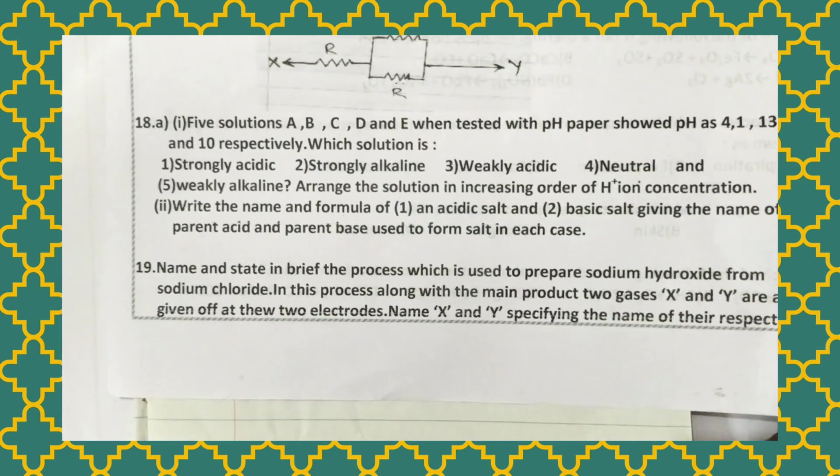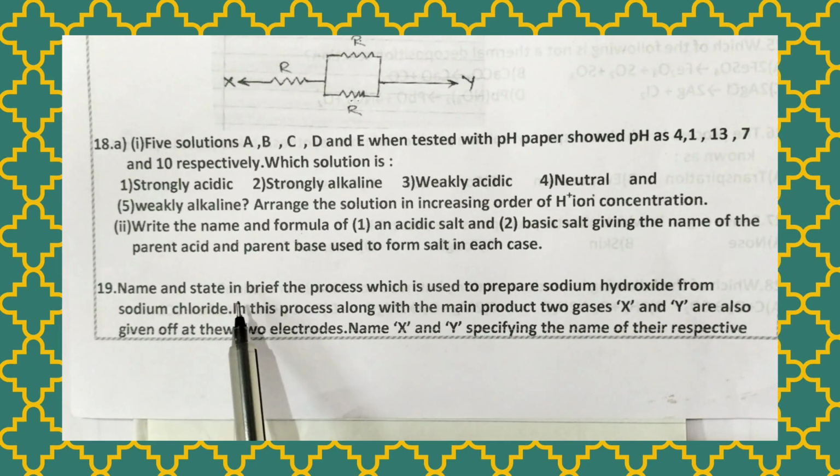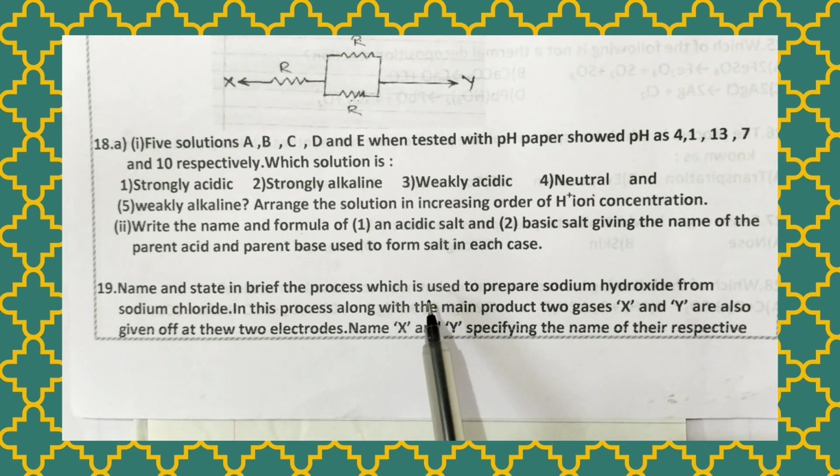Let us move to the 19th question. Name and state in brief the process which is used to prepare sodium hydroxide from sodium chloride. In this process, along with the main product, two gases X and Y are also given off at the two electrodes.